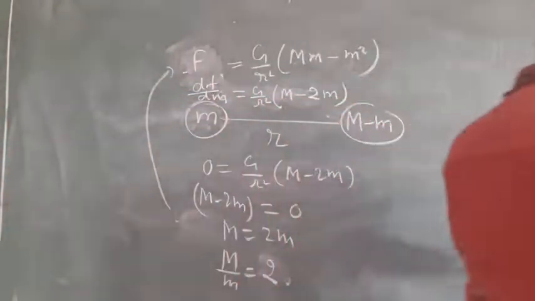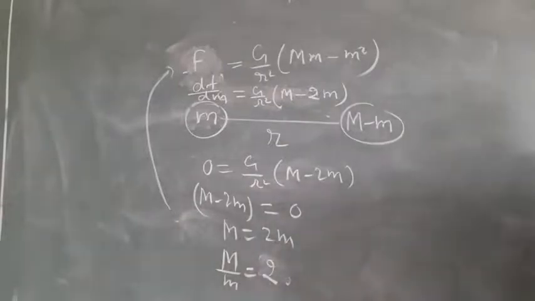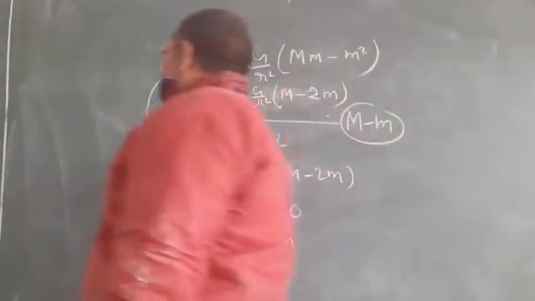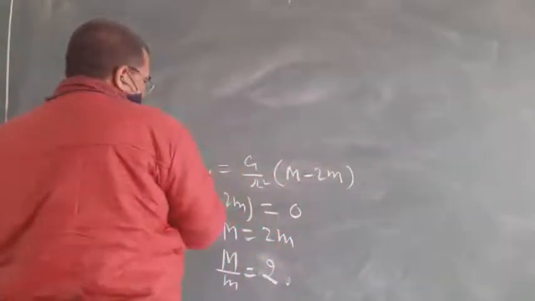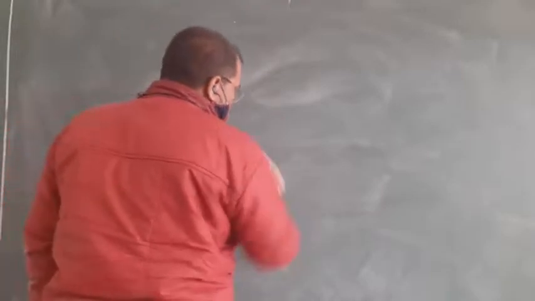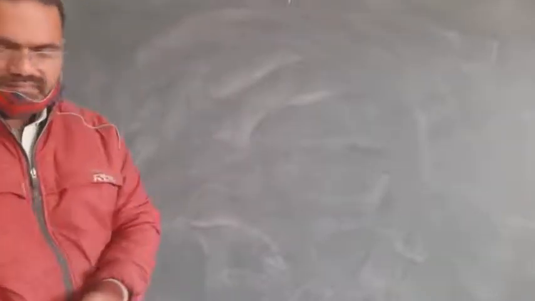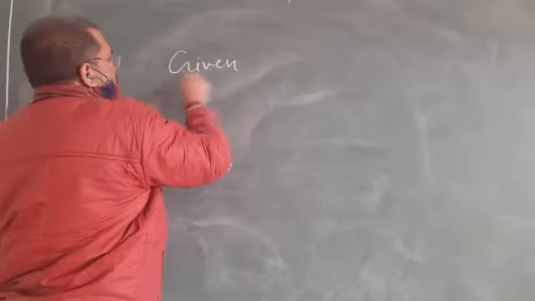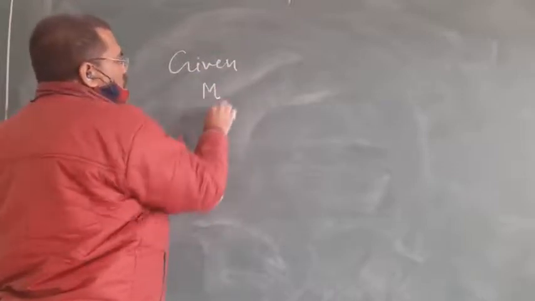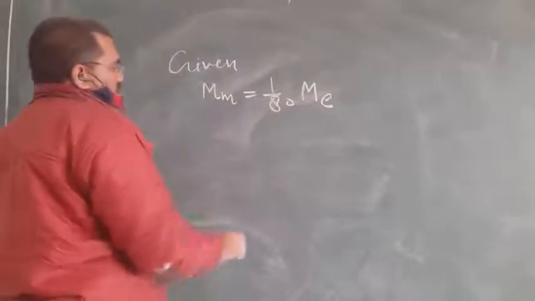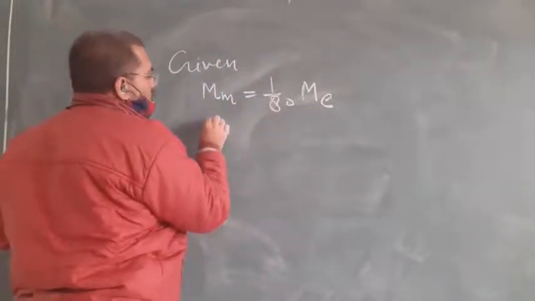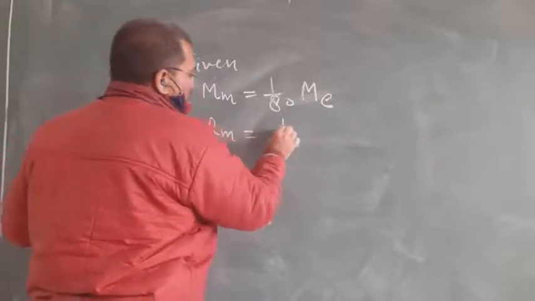Write down. Next question. It is given that the mass of Moon is 1 by 80 times the mass of Earth, and the radius of Moon is 1 by 4 times the radius of Earth.